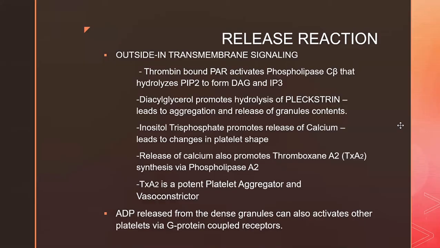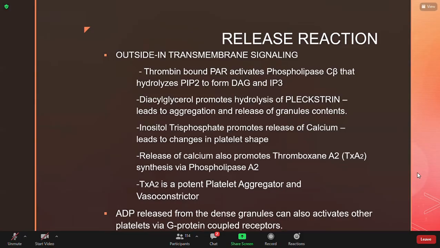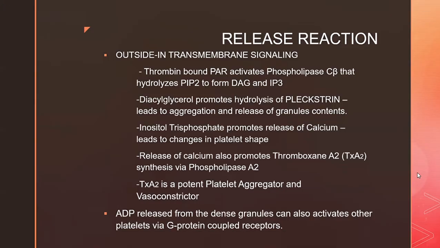Pero pag mataas ang calcium, mag-change ng shape yung platelet mo to a discoid one. So ang mangyayari, pag flat na yung platelet mo, madali lang mag-bind yung ibang platelet. Madali na lang silang mag-aggregate.